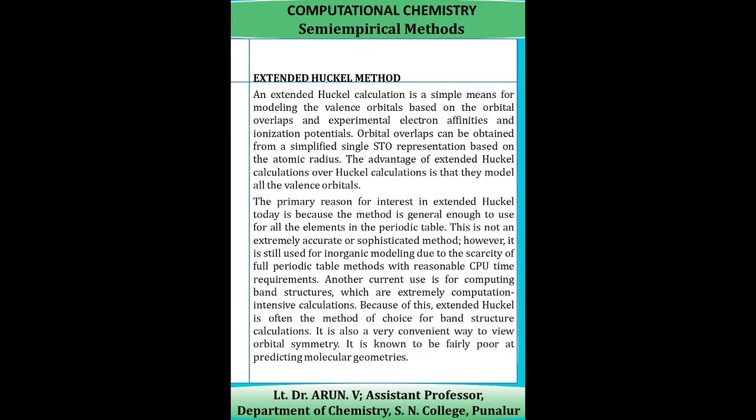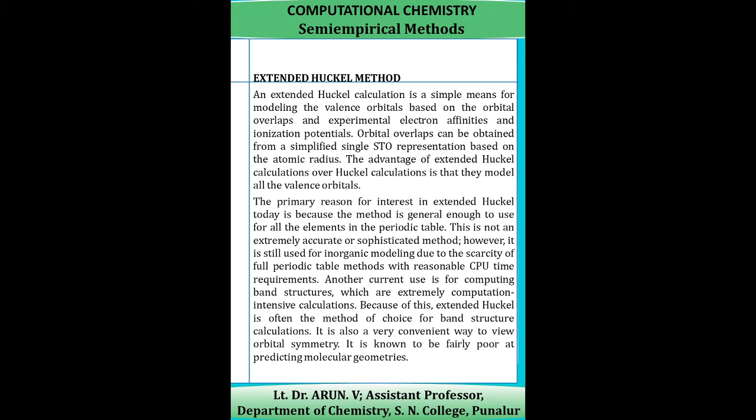An extended version of this Huckel method is the extended Huckel method. In the extended Huckel method, the calculation is simple, modeling the valence orbitals based on orbital overlap and the experimental electron affinities and ionization potentials. Orbital overlap can be obtained from a simplified single Slater type orbital representation based on atomic radius.